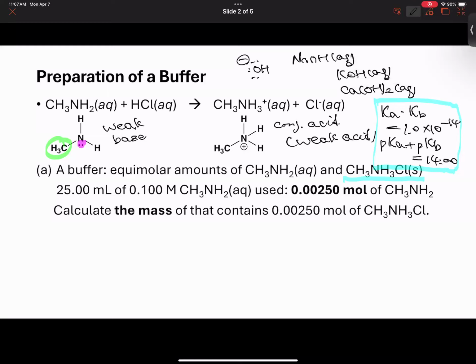So this student prepared a basic solution using 25 mL of 0.1 molarity solution, which will be providing 0.00250 moles of methylamine. Now calculate the mass that contains the same mole number of the conjugate salt, methylammonium chloride. Let's analyze it.